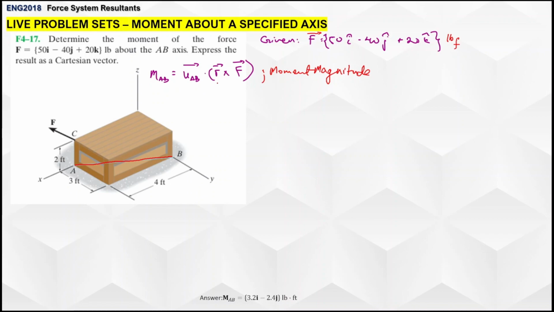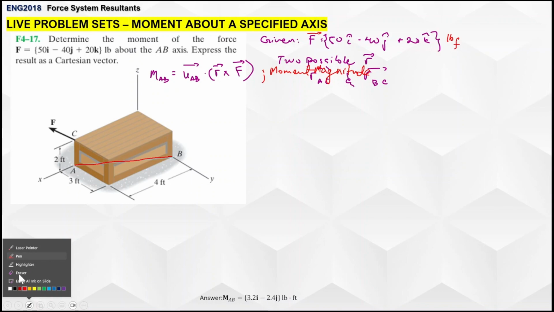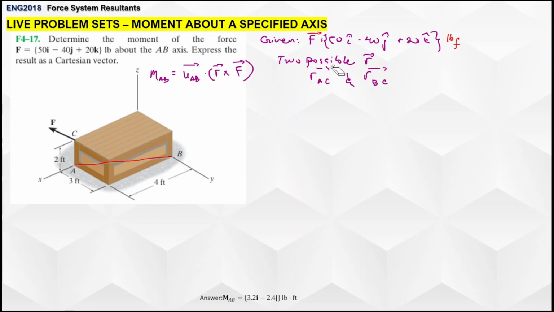So all we have to do now is to determine which position vector we'll be using to rotate about axis AB. The good thing about this is we have two possible position vectors, r_AC and r_BC.